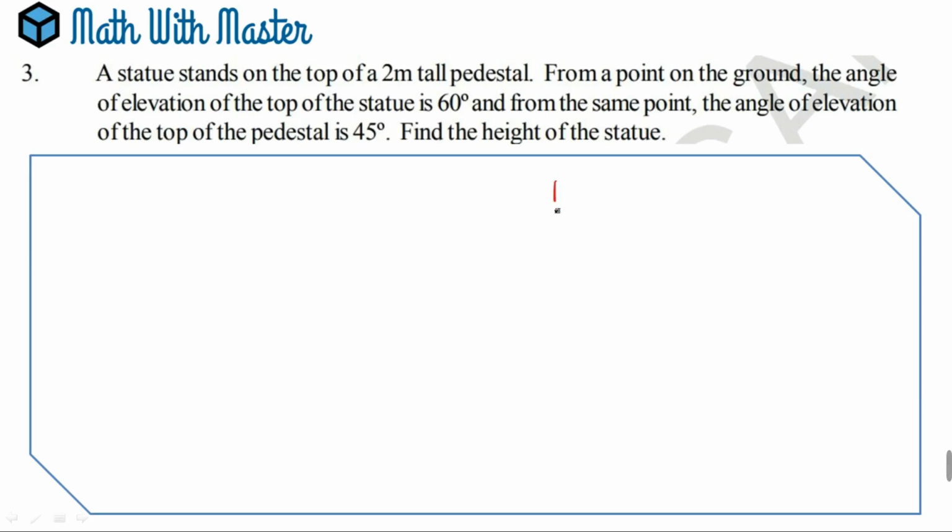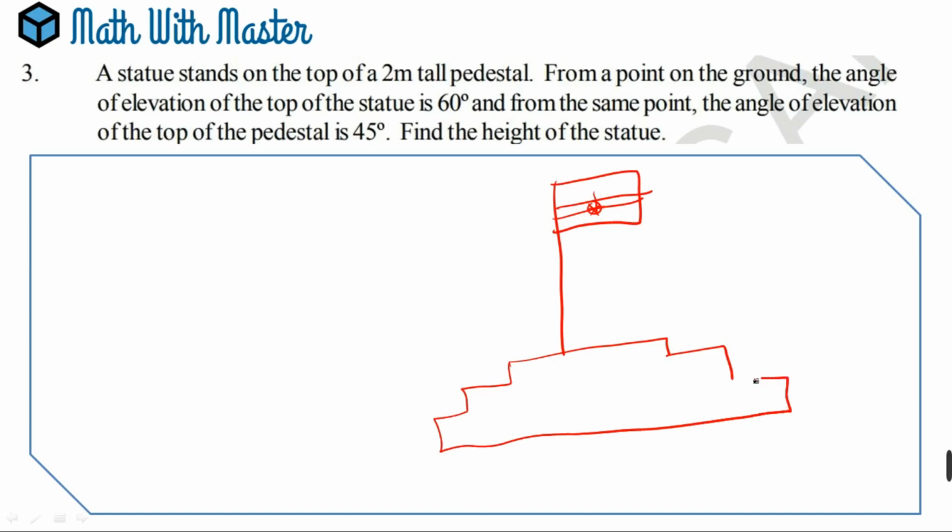So now when we draw a flag like this, we draw a flag, but we don't see what is down here. We will draw something like this. This thing is called a pedestal.